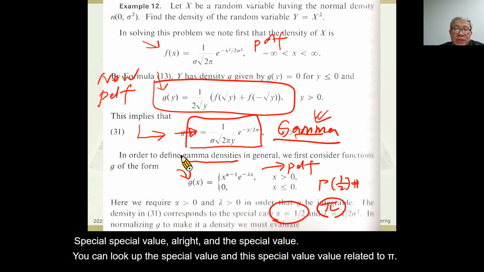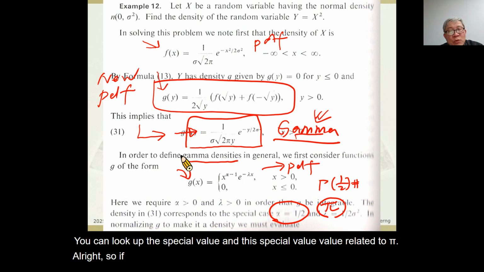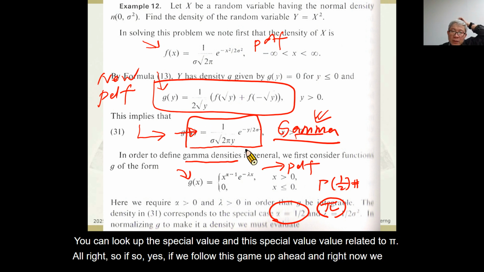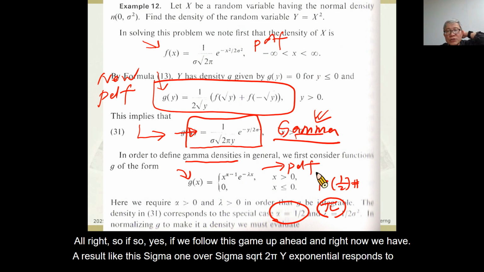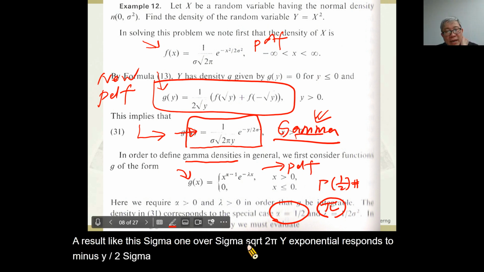If we follow this gamma of a half, right now we have a result like this: 1 over sigma square root of 2 pi y, exponential raised to the power minus y over 2 sigma squared.